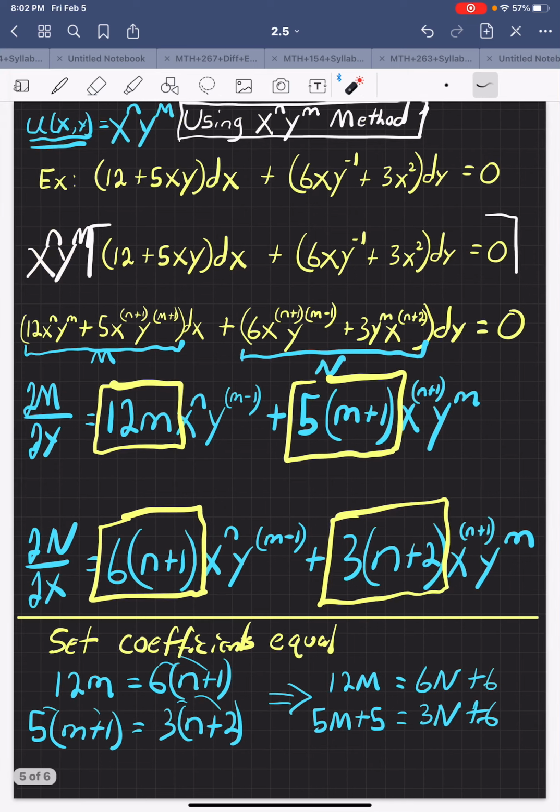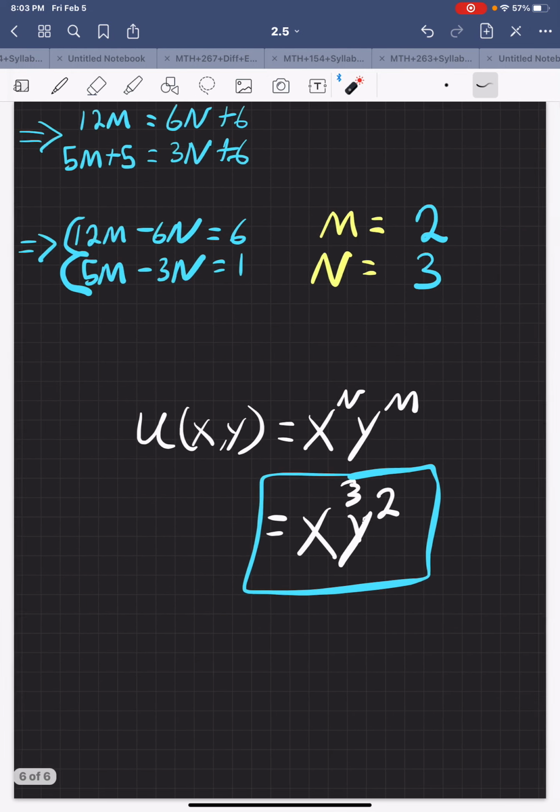You would still have to take that integrating factor, x to the power of 3, y to the power of 2, I believe, and distribute it to your original equation in order to have an exact equation. Listen to me, because I know you're starting to daydream. I'm telling you that this method that I showed you here will always work. You might end up getting y to the power of 0 or something like that, but this method will always work.